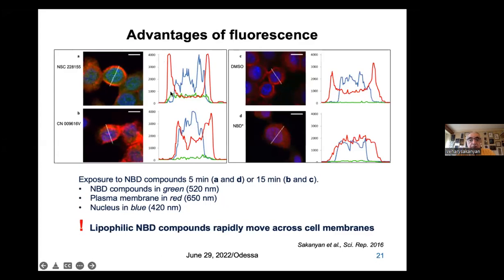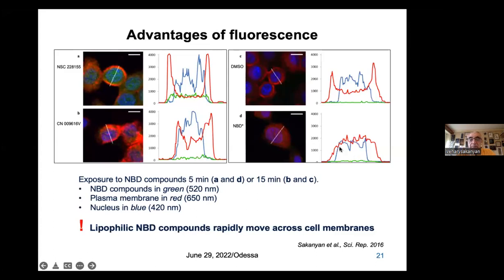Red is the membrane, both sides of the membrane, and blue is the nucleus, which also has another color. So it is not the case with, for example, non-lipophilic compounds, because there is practically no molecule in the cytoplasm.